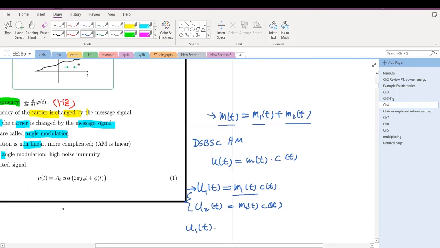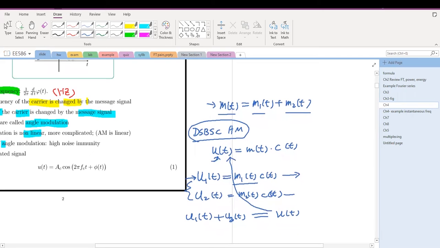If I sum the individually modulated signals for m1(t) and m2(t), this happens to equal u(t). Therefore, this AM signal is linear. Linearity is always a very desirable property for any scheme because it just makes things easier.